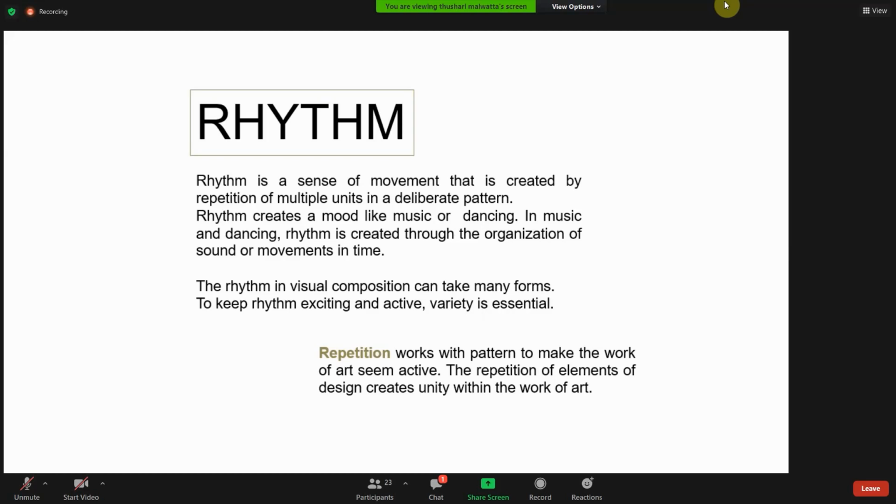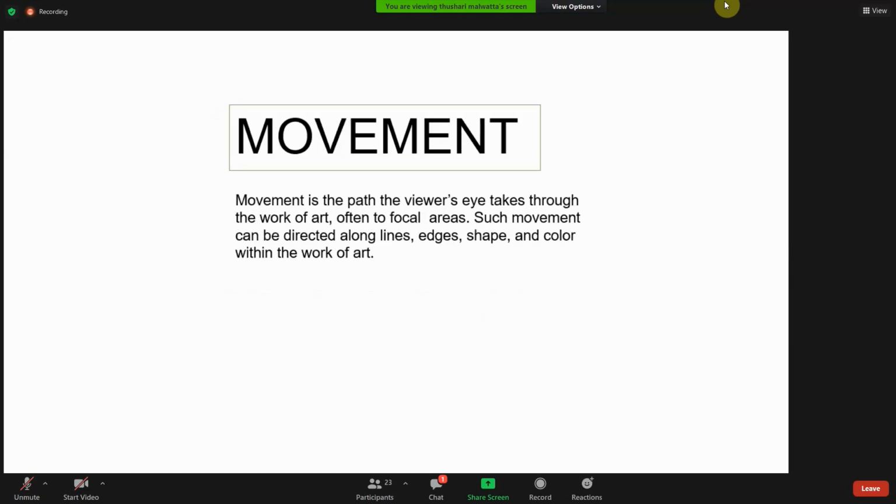So it creates with the repetition of design elements and the movement. Movement is the path the viewer's eyes take through the work of art, often to focal areas. Such movements can be directed along lines, edges, shape, and color within the work of art.